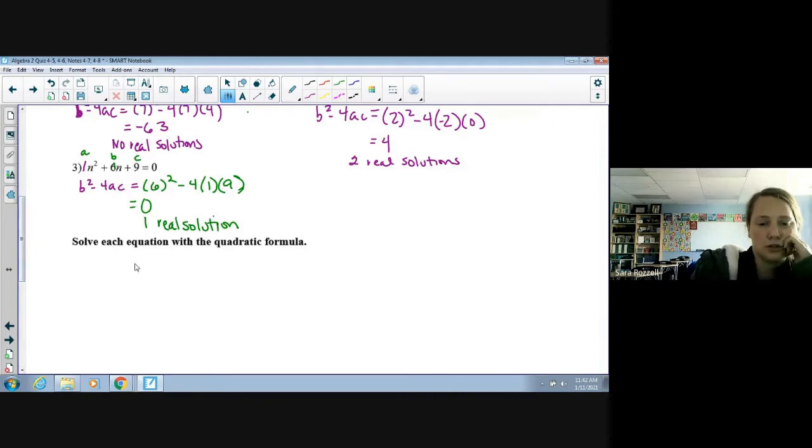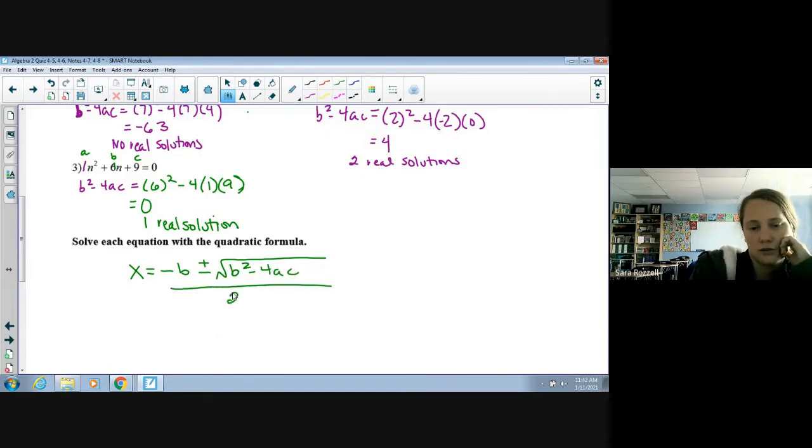So remember, our quadratic formula was x equals negative b plus or minus the square root of b squared minus 4ac all over 2a. Remember, to get the a, the b, and the c, you look at what's in front of each of your variables.